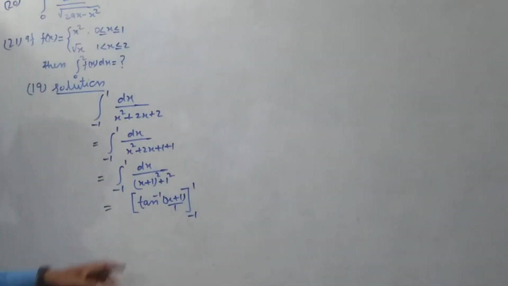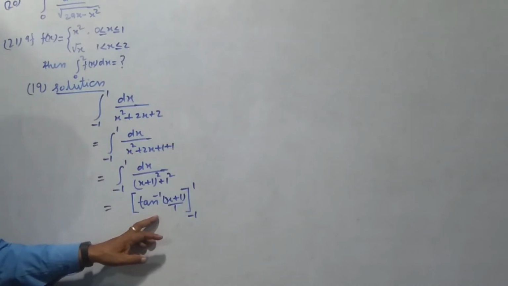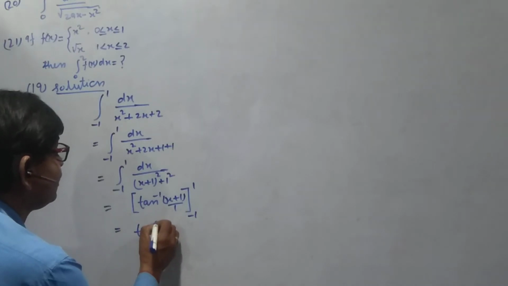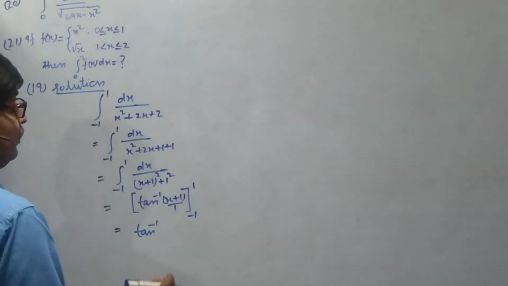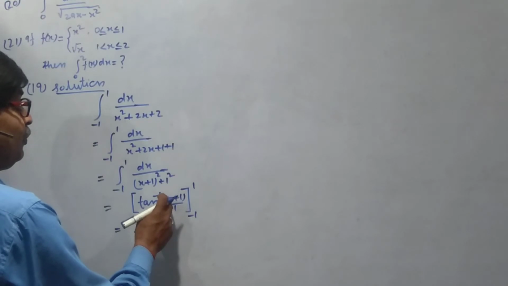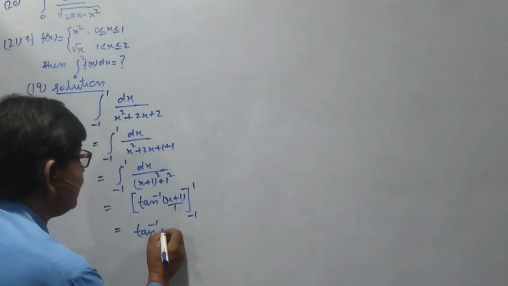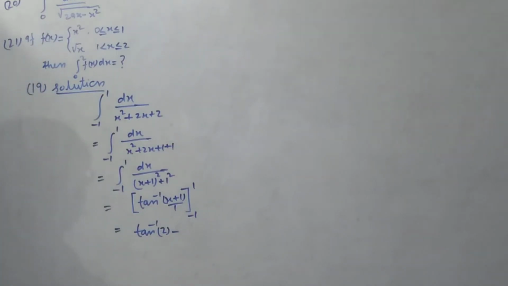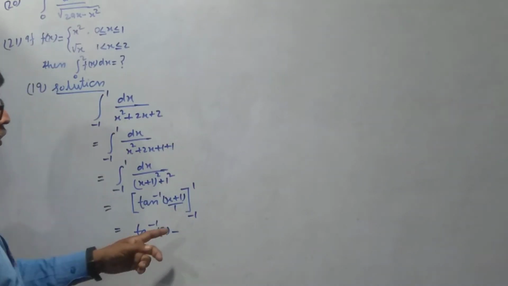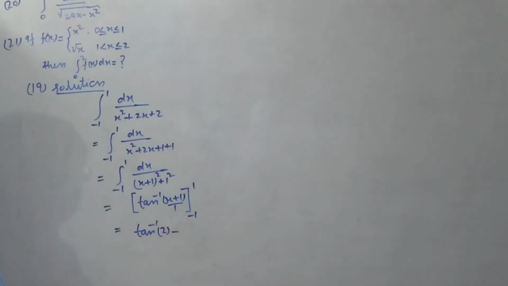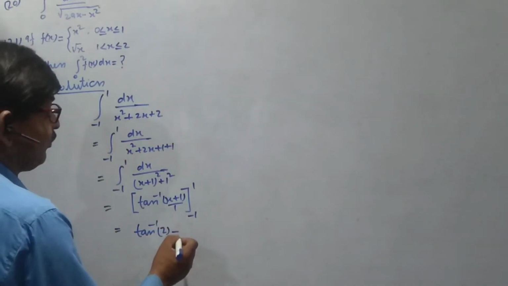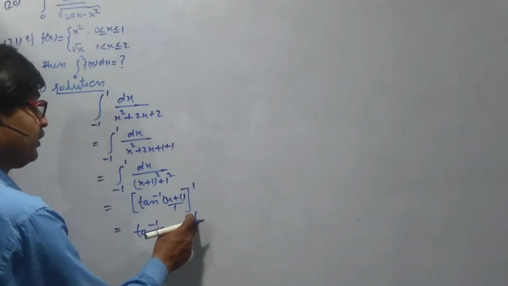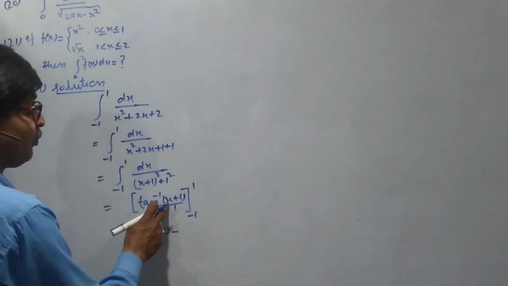Putting the value of the limit, this is equal to tan inverse of (1 plus 1), that is tan inverse 2, minus tan inverse of 0, putting x equal to minus 1.